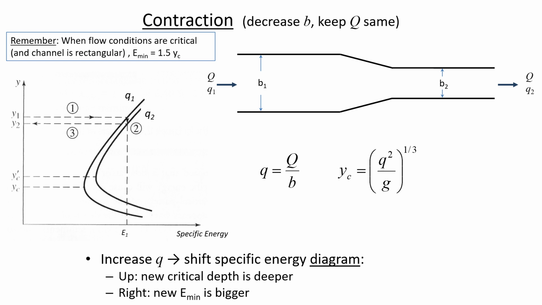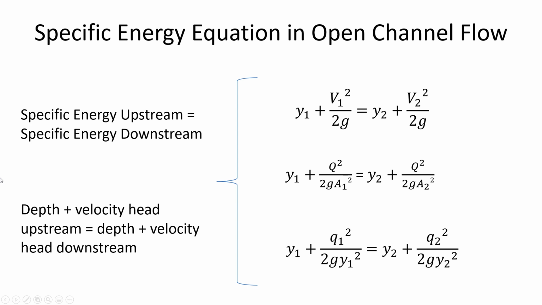Velocity head is 1/3 of the specific energy. So if we know that the depth itself is 2/3 of the specific energy, we can calculate the entirety of the specific energy by multiplying by 3/2. That is 2/3 times 3/2 equals 1. So minimum specific energy goes up because the critical depth goes up. So that's if a channel contracts.